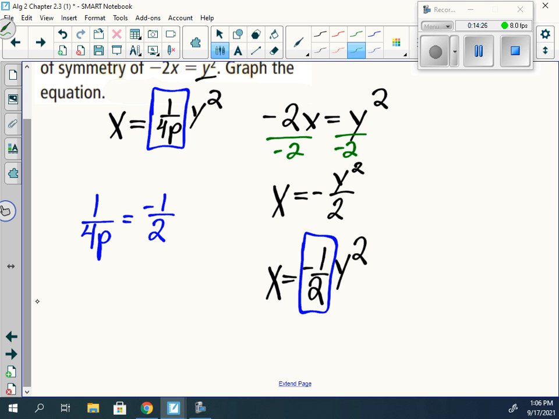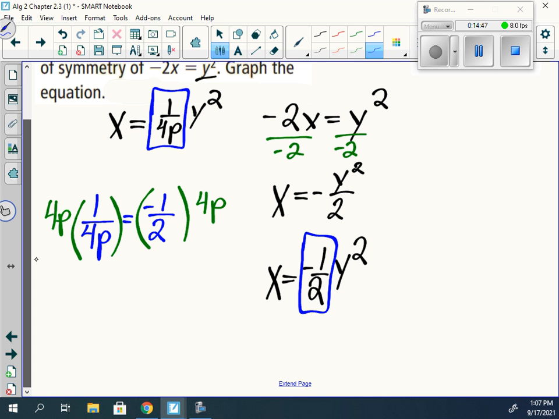And then what can we do next? We're going to multiply both sides by what? 4p. And we do this because since the variable is in the denominator, we need to get it out of the denominator by multiplying both sides by it. So here, 4p multiplied by 1/4p is 1.